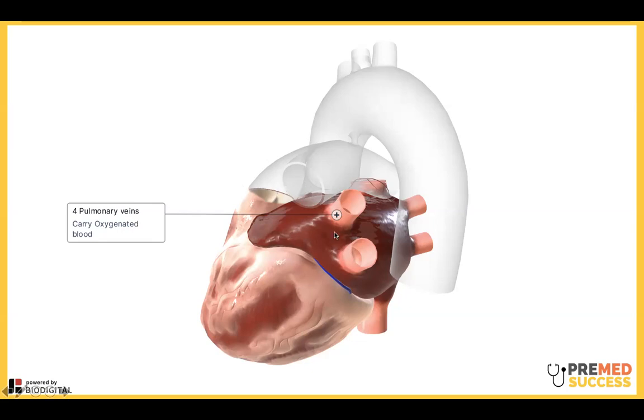So yes, those are definitely correct. And then the right common carotid artery: the right brachiocephalic trunk, which then splits into the right common carotid and the right subclavian. So those don't arise directly from the arch. There is no such thing as the left brachiocephalic trunk, because the left common carotid and the left subclavian come directly off the arch.